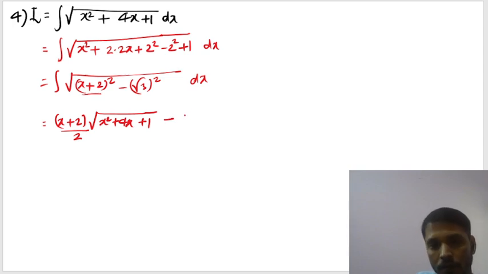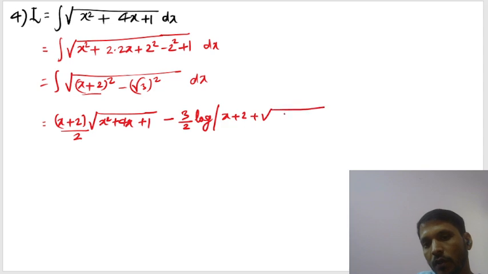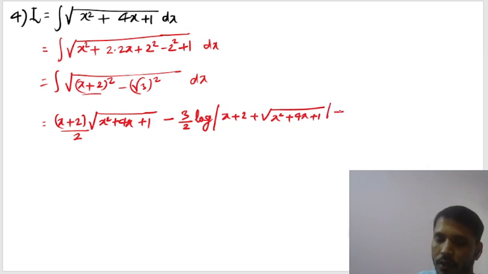Minus a square, that is 3 by 2, and log of mod x, that is x plus 2, and plus the given question, x square plus 4x plus 1, and mod, and plus c. So this is the answer of question number 4.